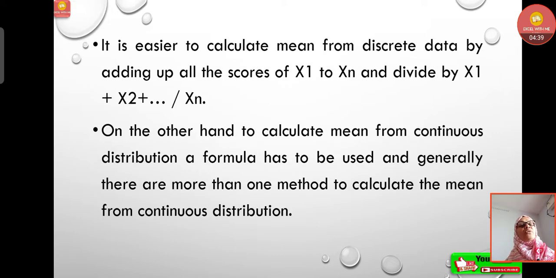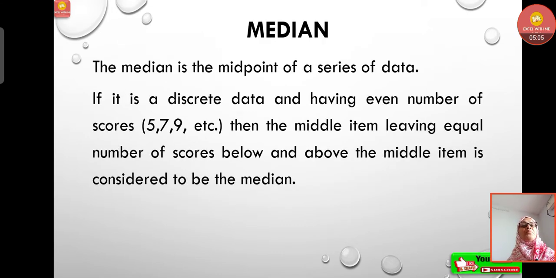It is easier to calculate the mean from discrete data by adding up all the scores, x1 to xn, and dividing by n, that is, x1 plus x2 plus and so on up to xn, divided by n. On the other hand, to calculate the mean from a continuous distribution, a formula has to be used, and generally there is more than one method to calculate the mean from a continuous distribution.